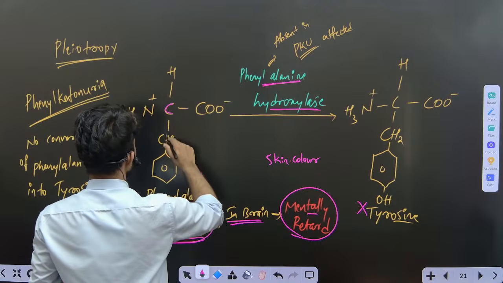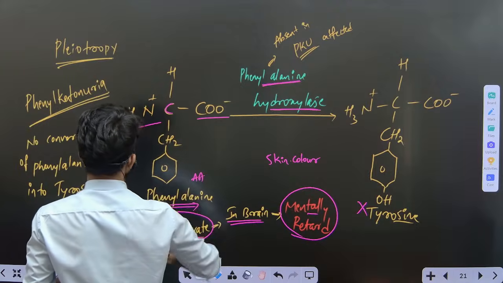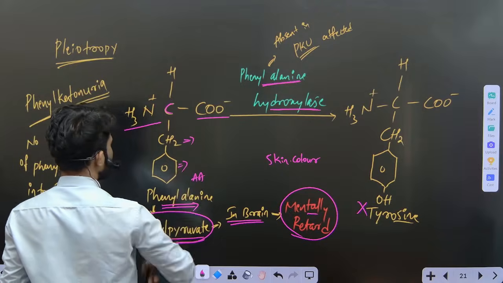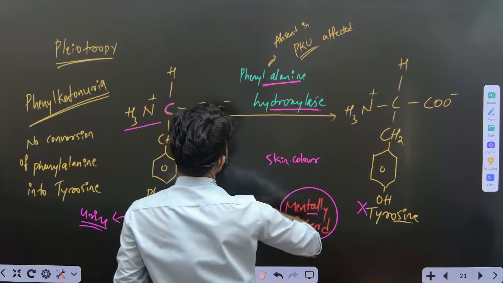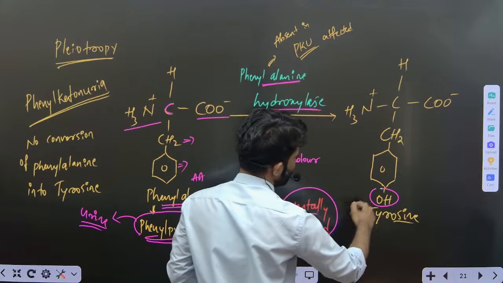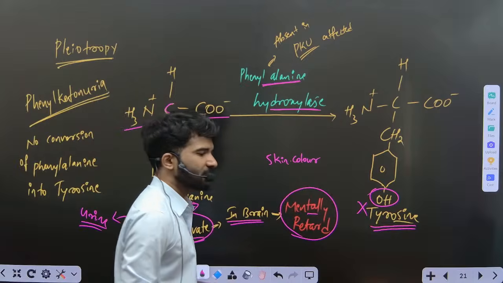The organic compound has a carbon group, an amino group, an acid group, and an alkyl group. If the hydroxylase enzyme is present, then a hydroxyl group is added, and it is converted into another amino acid.